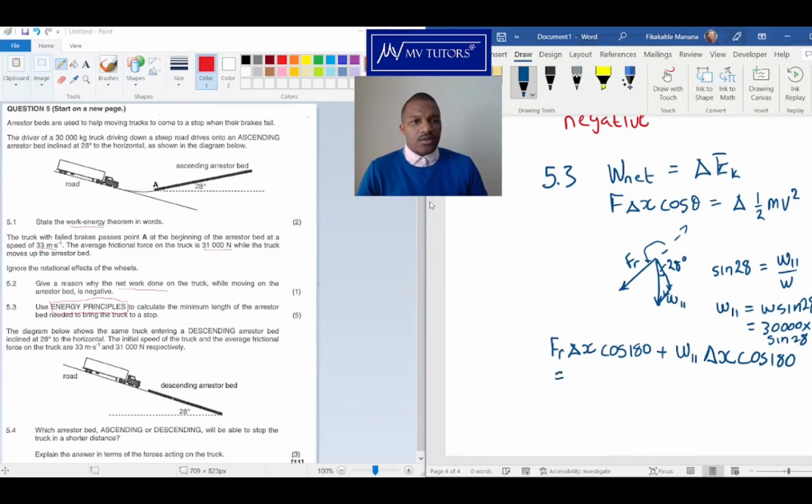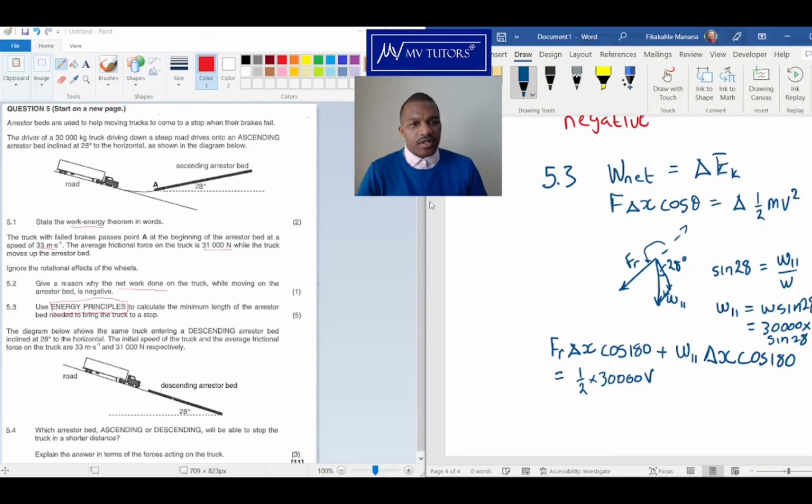And then that's equal to, if we go to the side of the kinetic energy, we're going to have half the mass of the truck, which is 30,000, times, first of all, we'll start with the final velocity.